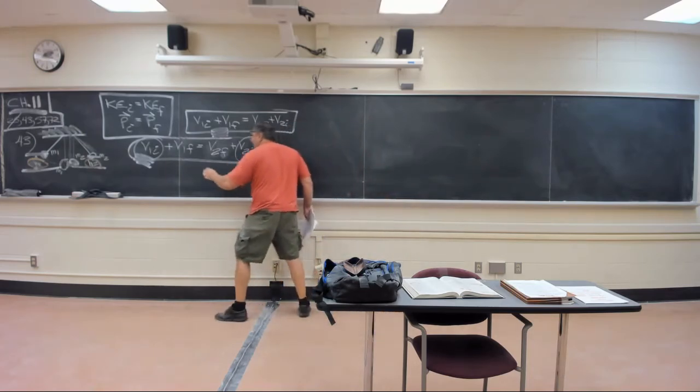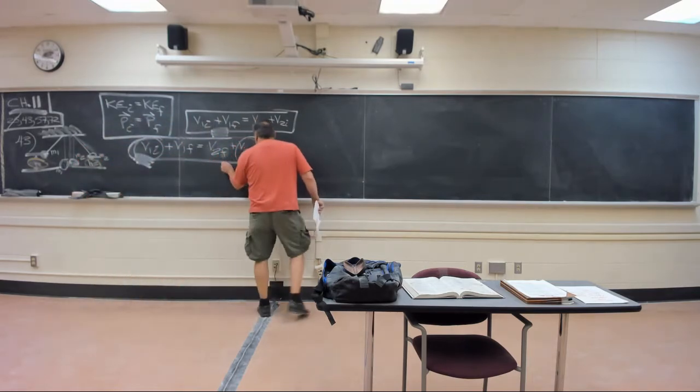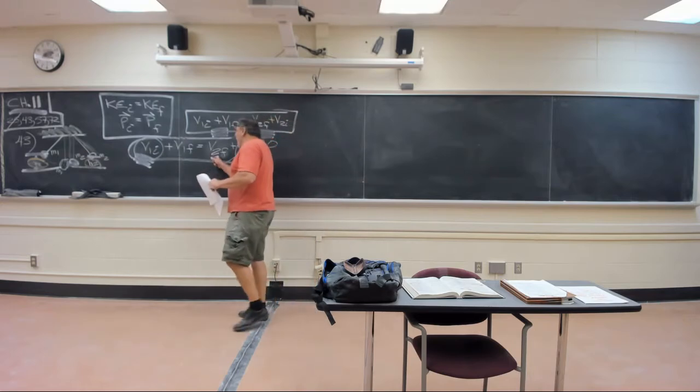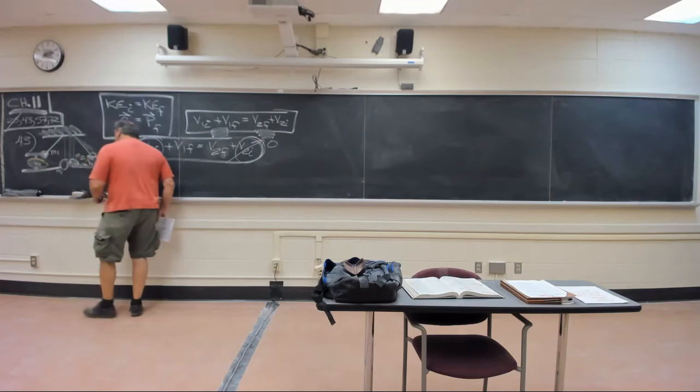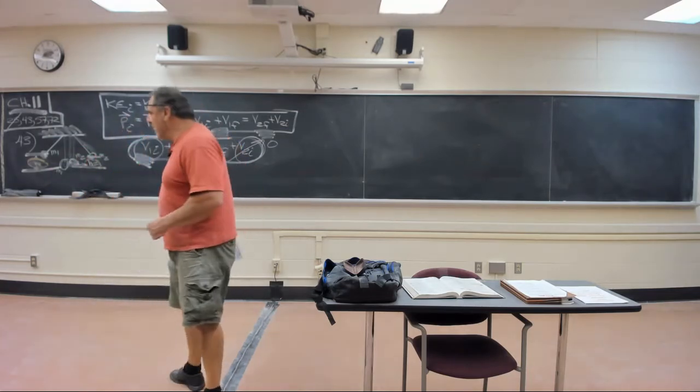V2I initially on the bottom, this guy right here, yeah, he ain't moving. I'm going to have to concede that, which makes it easy. He ain't moving. V2F is right when he gets hit. I want to know what happens right when he gets hit.